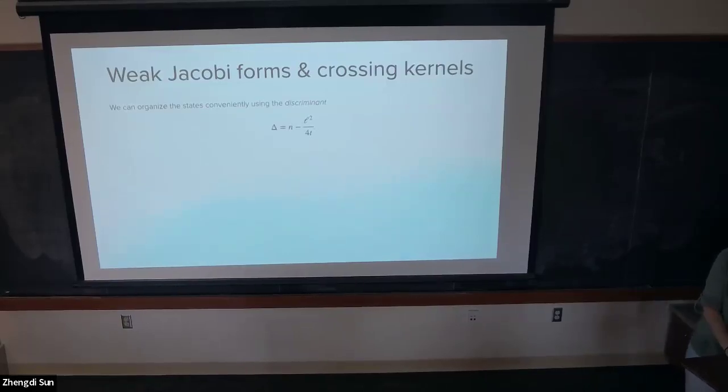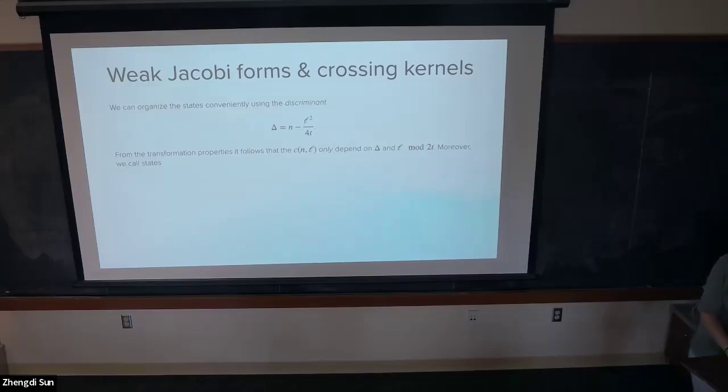We can organize the states in a very convenient way using the so-called discriminant, which is this particular combination of the different charges and the index. If you analyze the transformation properties, the modular transformations and the spectral flow transformation, it follows that the Fourier coefficients only depend on this discriminant and the charge l mod 2t.